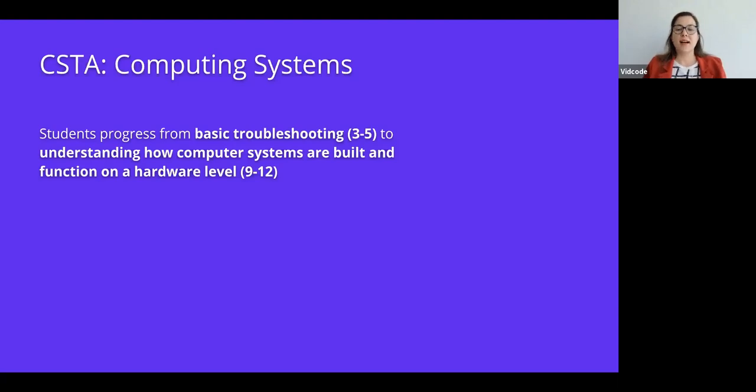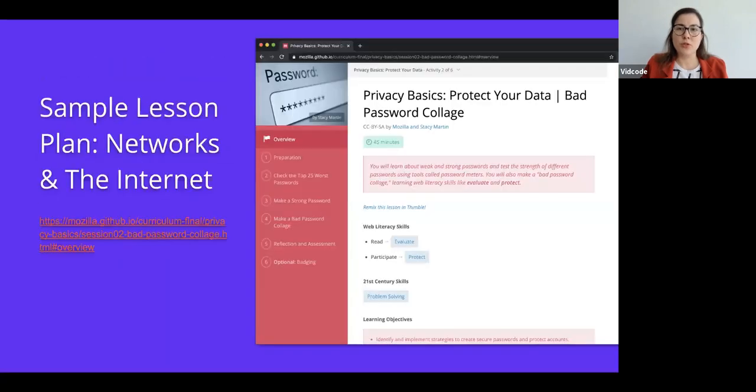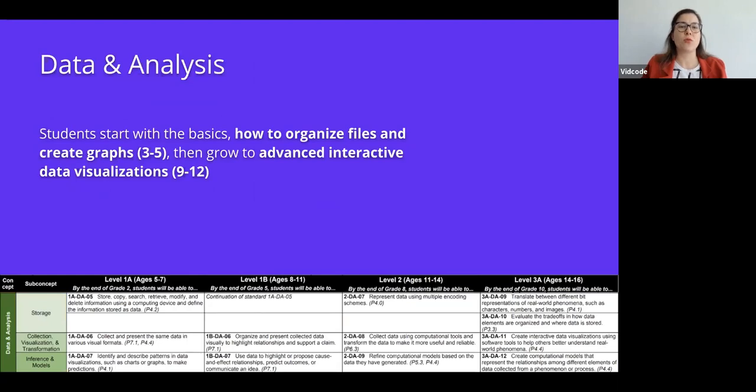We see that a lot at Vidcode, that by the time students are in high school, those are the concepts that we want to make sure they hit. I'm going to skip through these examples because we're going to use more Wyoming examples today. But in the slide deck that I'm sharing, we've pulled a bunch of different examples for each of these CSTA categories.